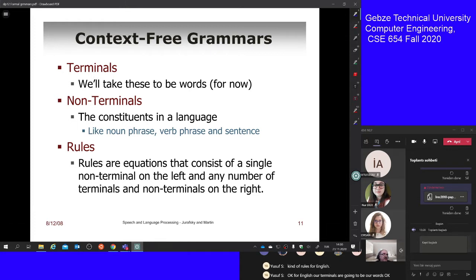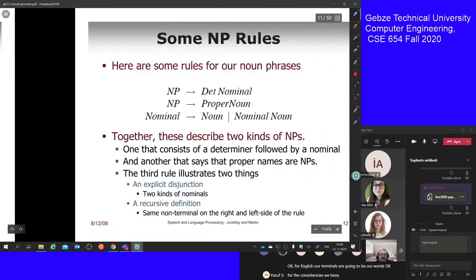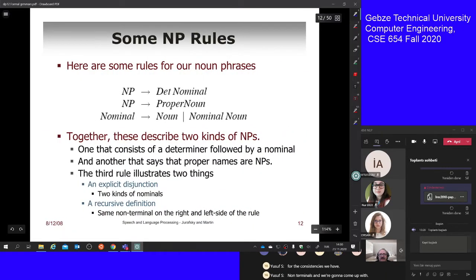For constituencies we have non-terminals, and we are going to come up with some examples. For example, for the non-terminal noun phrase, I have these three rules. Let's try to explain them one by one, what we mean by them.